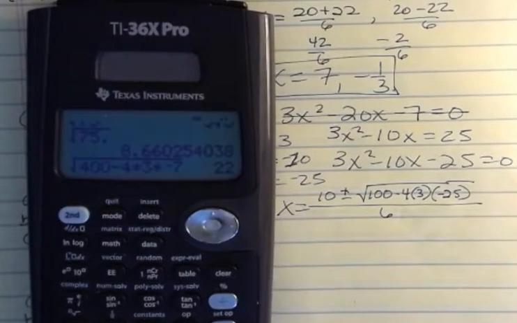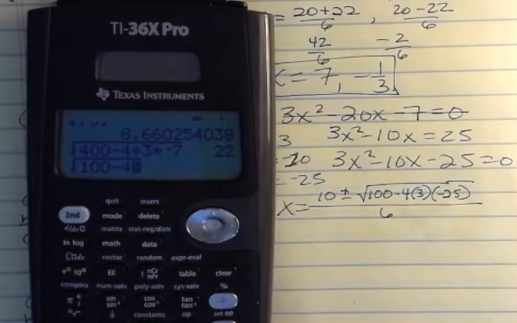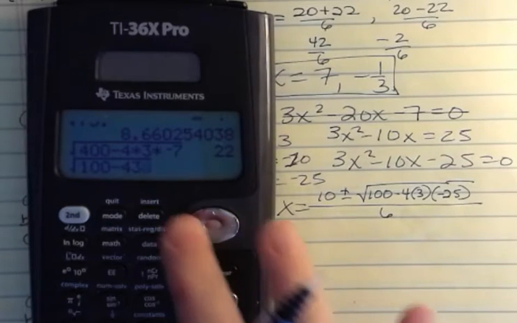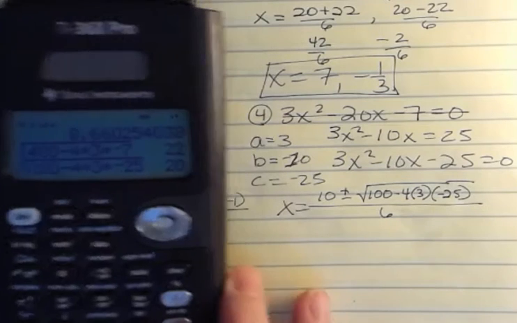I have skills, but you know, sometimes I don't want to do that. So 100 minus 4 times 3. Oops, I need to go times 3. Times 3 times negative 25 is 20. So that's exactly 20. Nice.